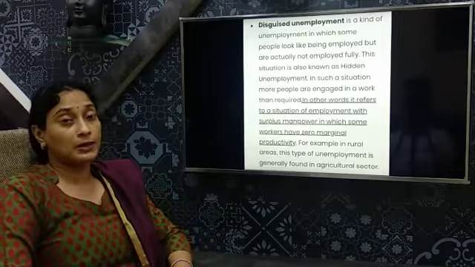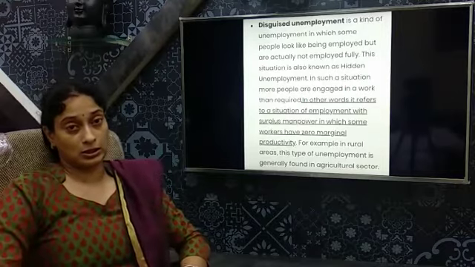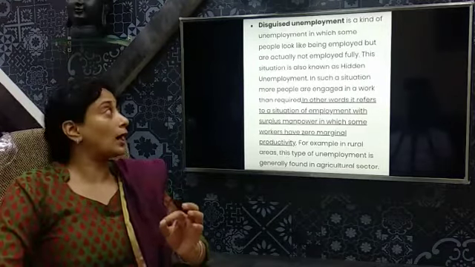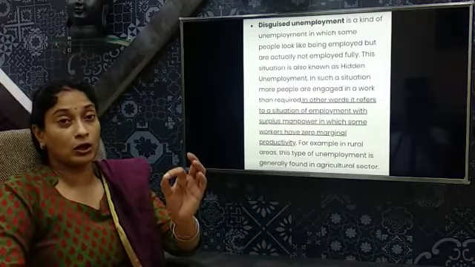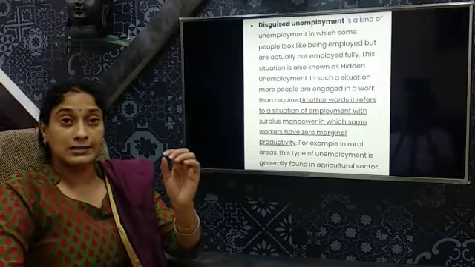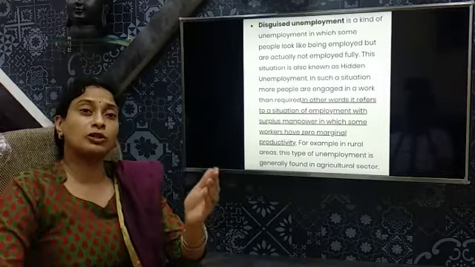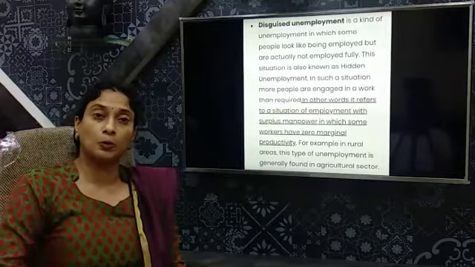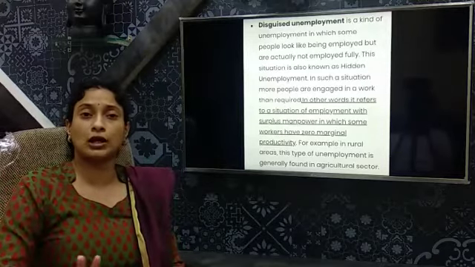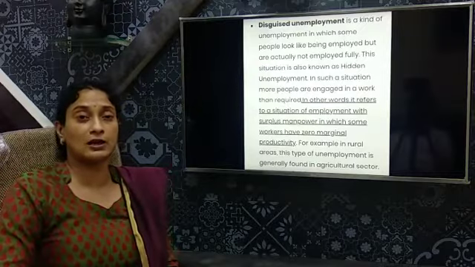Disguised unemployment is said to occur when more than the required number of workers are working in a particular job, such that if a few of the workers are removed from work, the total output of production is not influenced or does not get affected.